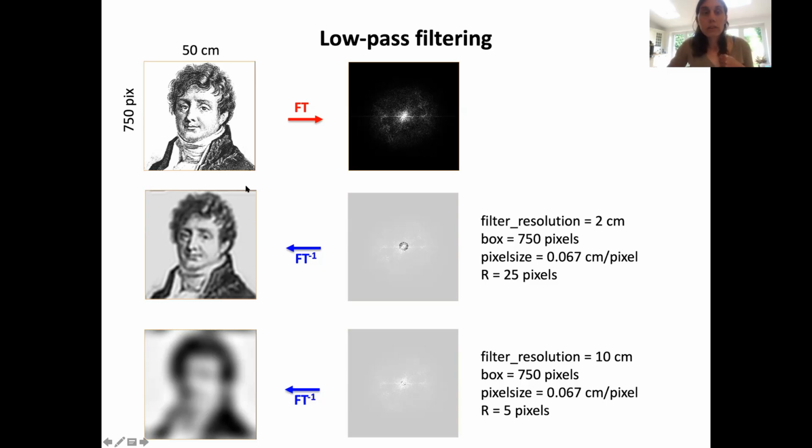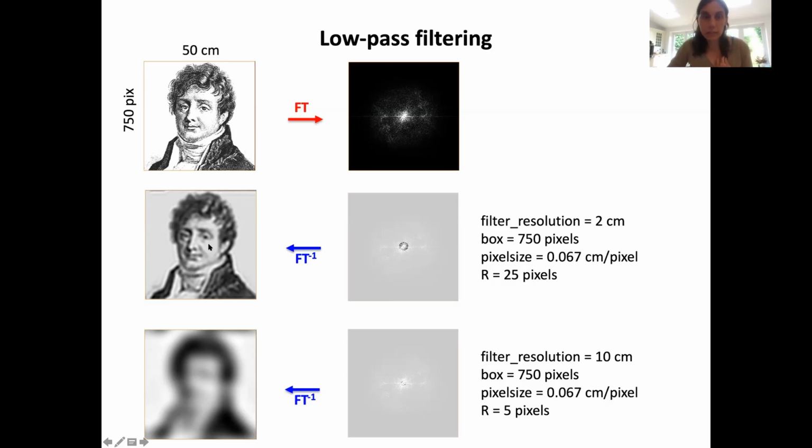In this case, we have an image which is 50 centimeters big and made of 750 pixels. So we can use the formula I showed you before. We can calculate the pixel size from here, and we can then calculate the radius that we want to use for the mask so that we eliminate everything that oscillates faster than 2 centimeters. So this radius turns out to be 25 pixels.